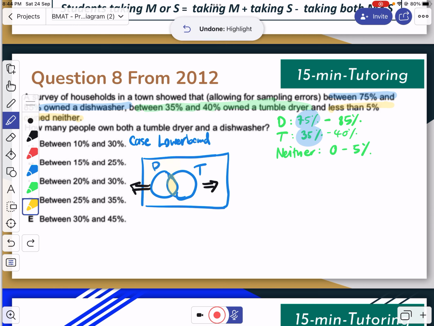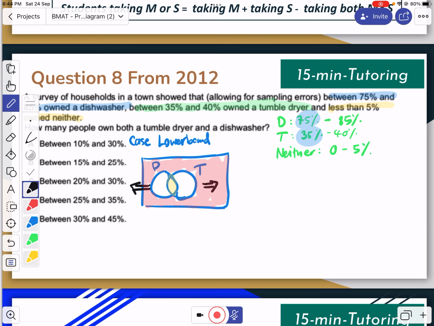Okay, so let me use red. Looking at the red area, that is the outside area, you need to have the space so that you can pull the circles apart to minimize the overlap. So in this case, the red area, that is the neither, we can choose between 0 and 5%. We want the red area, the neither, to be small.